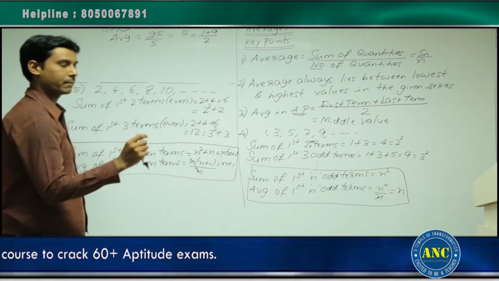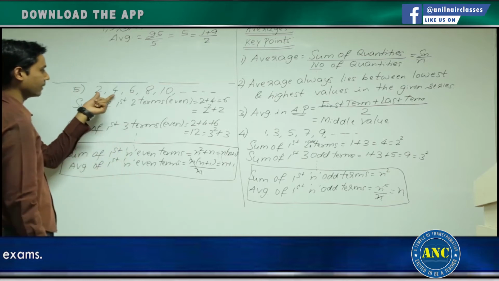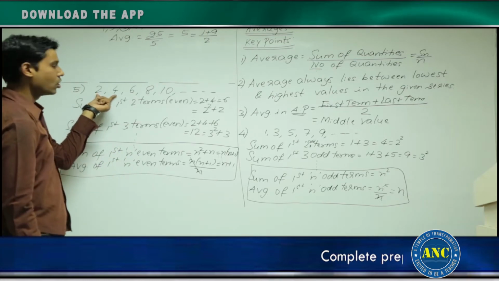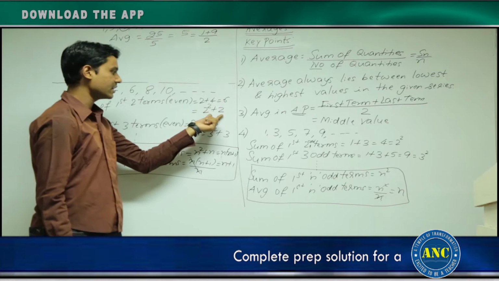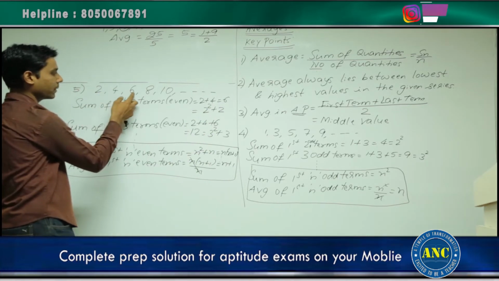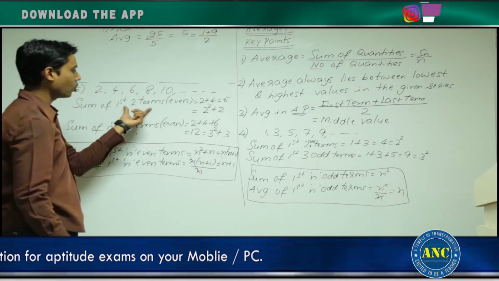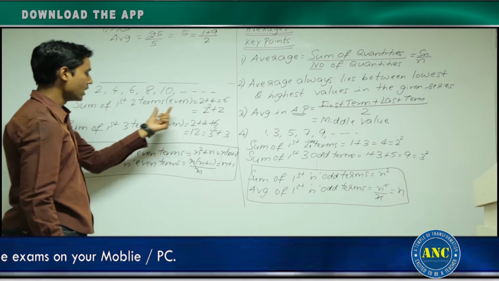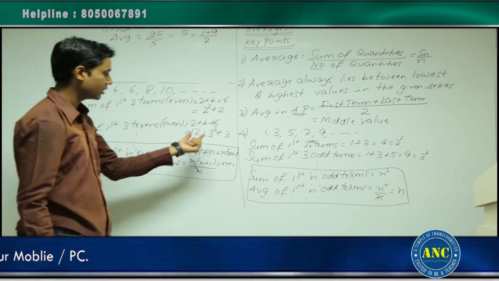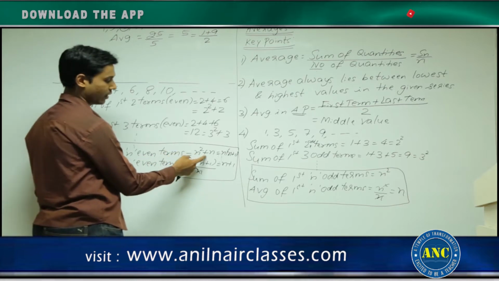Similarly, if I take an even number series, 2, 4, 6, 8, 10, etc. Sum of first two terms is 2 plus 4 is 6. I can write it as 2 square plus 2. Sum of first three terms is 2 plus 4 plus 6 is 12. I can write it as 3 square plus 3. Sum of first two even terms is 2 square plus 2. Sum of first three even terms is 3 square plus 3. Similarly, sum of first n even terms is n square plus n.